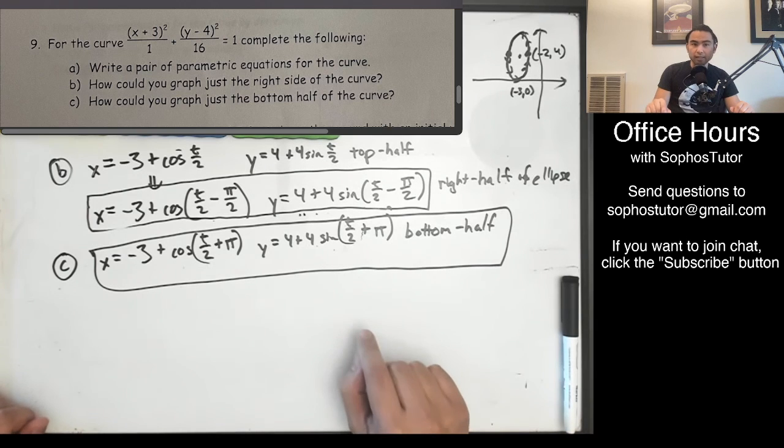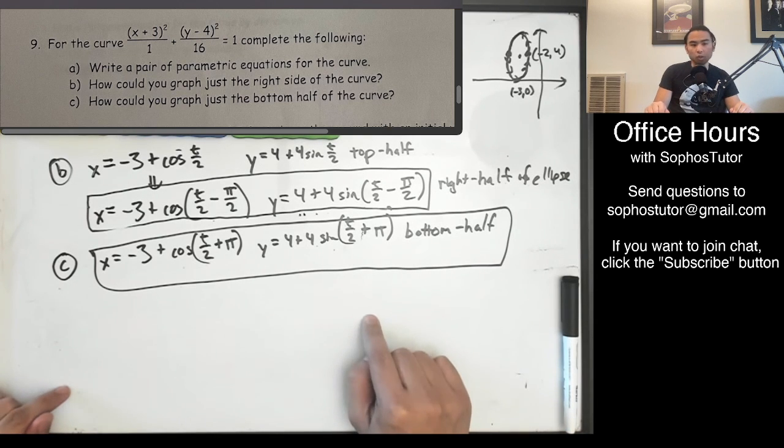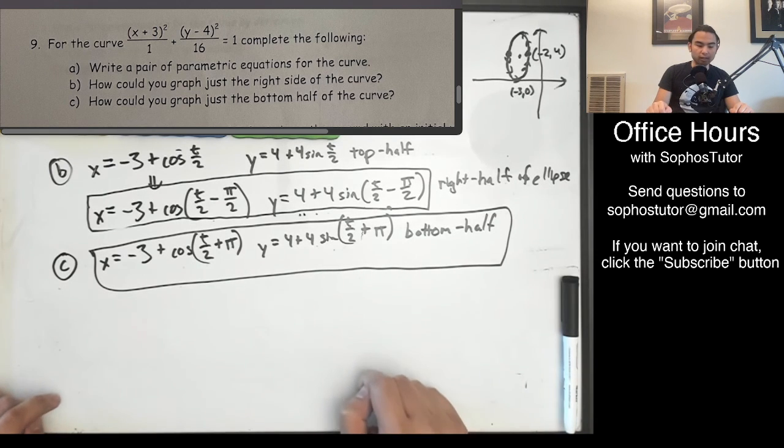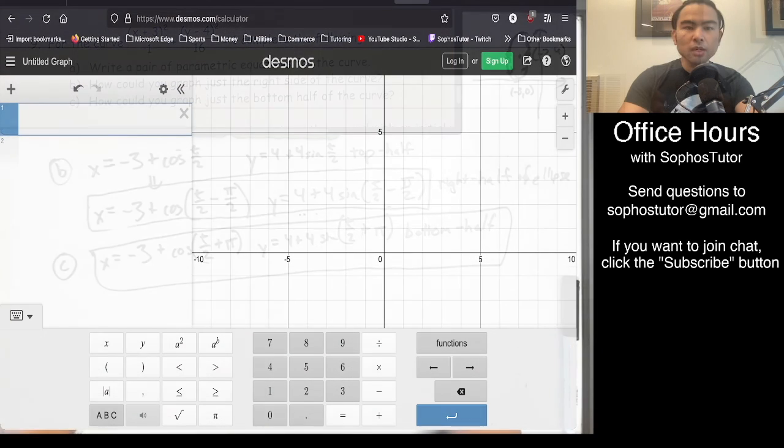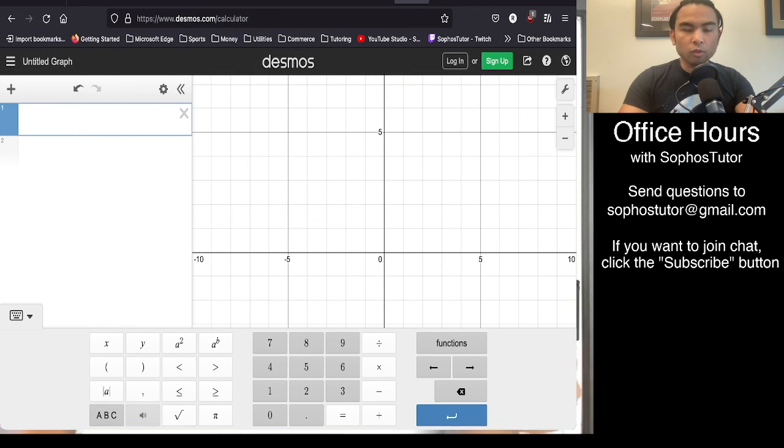Right? And to test this, we can actually go into a graphing calculator with Desmos, and we'll take a look at what these parametrics will actually look like. So we now have Desmos pulled up. In order to graph parametric equations into Desmos, we need to write the system of equations as an ordered pair.